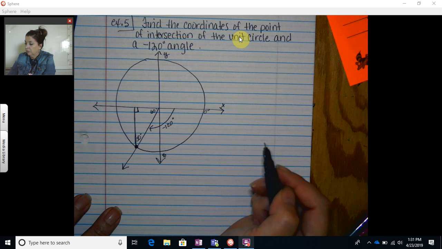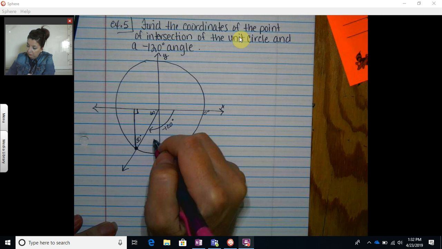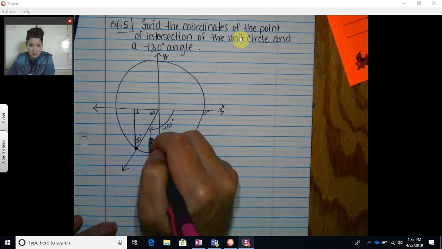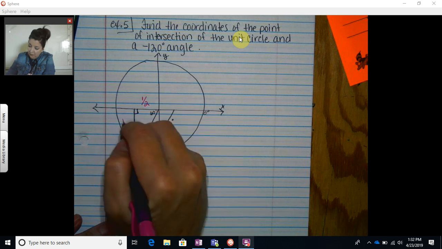And our theta is the 60-degree angle, okay? We know the hypotenuse is 1, that's this side over here. What's the length of our smallest side? 1/2. And the side across from the 60-degree angle is square root of 3 over 2.